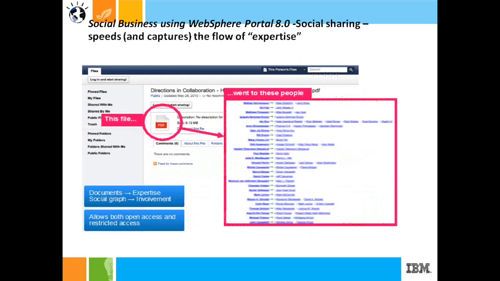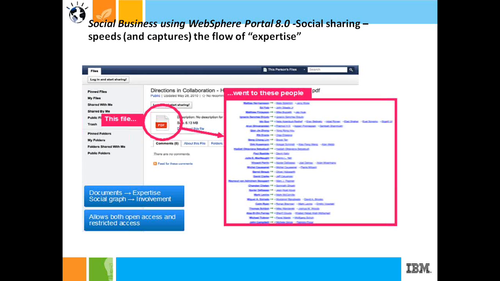So this is the social sharing. If I want to share a file, I can share it. I can see who all have viewed this file and how many people have used it. I'll be able to get a social graph of involvement of an activity.